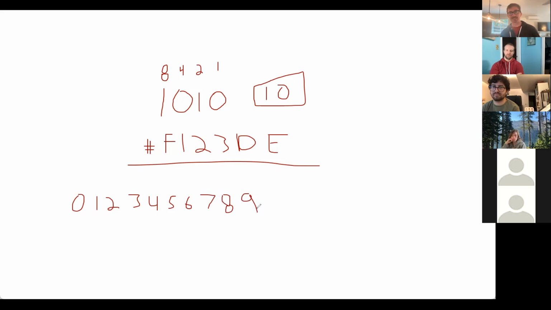We don't have 16 numbers in our number system. So what they decided to do is just make up some numbers. A is now 10. B is 11. C is 12, D is 13, E is 14, and F is 15.